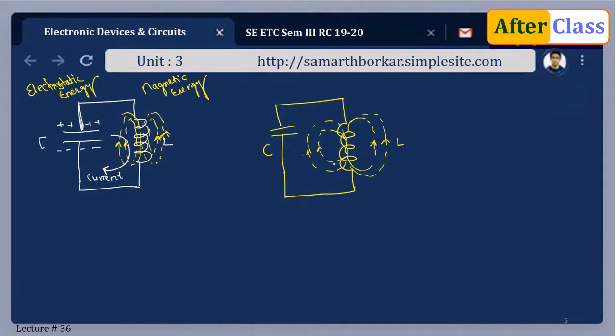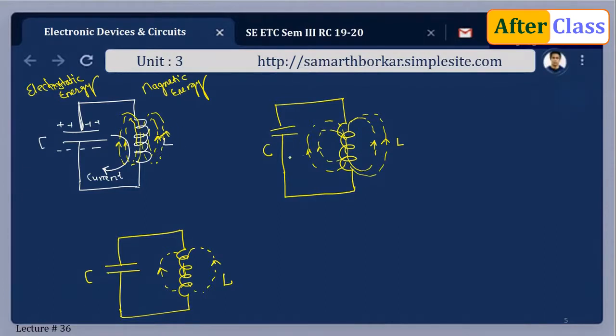So as I said, this electrostatic energy is converted to magnetic energy, which is stored across this inductor.